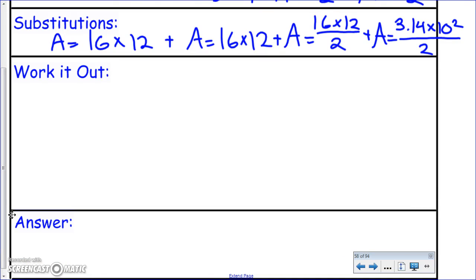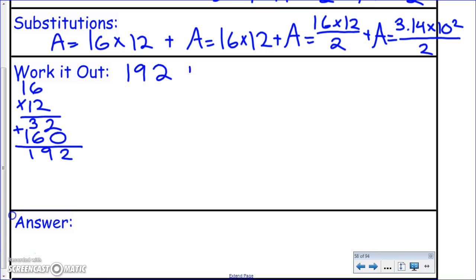So now we're going to work out and show our work here. So we're going to multiply 16 times 12. We're going to get 192. And once we've done it once, that actually helps us fill out 3 of our problems here.